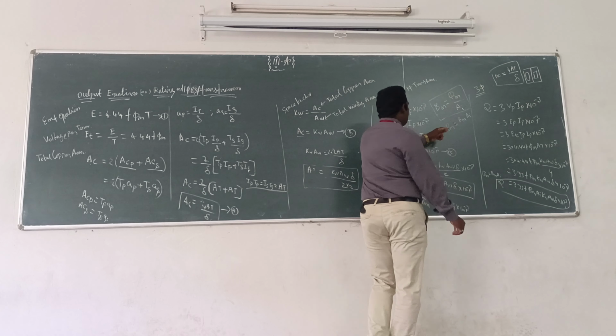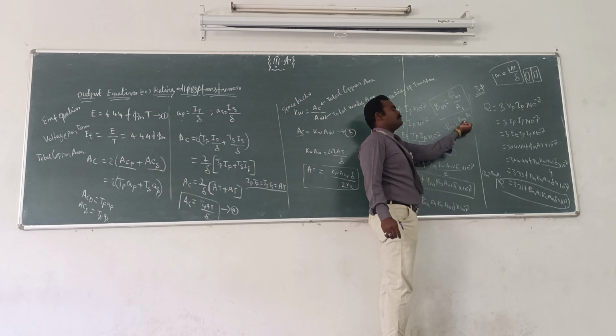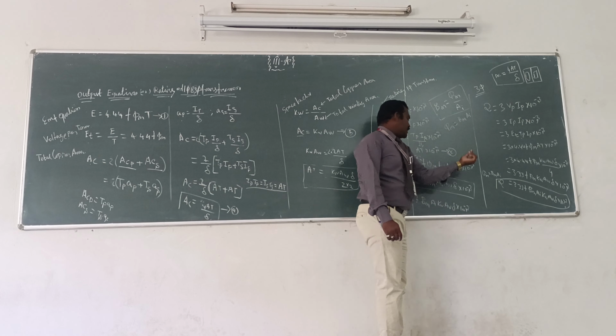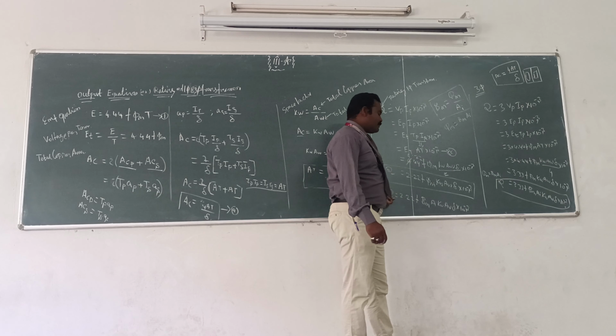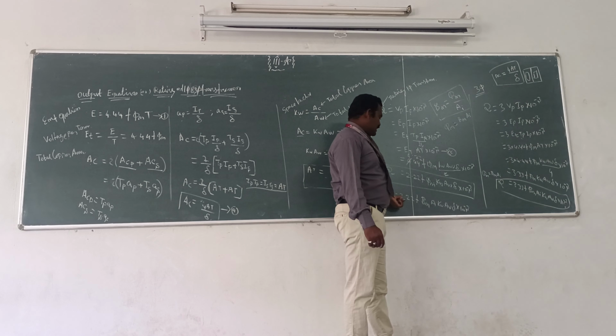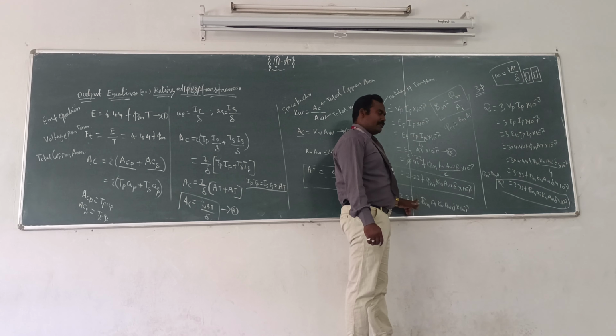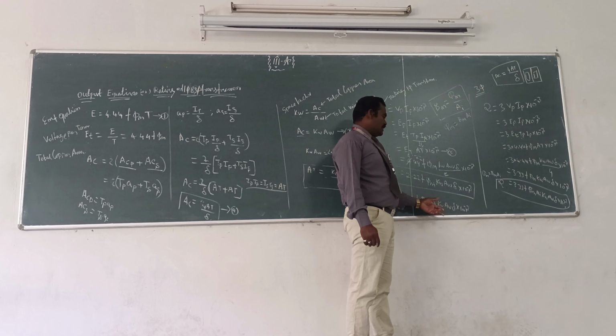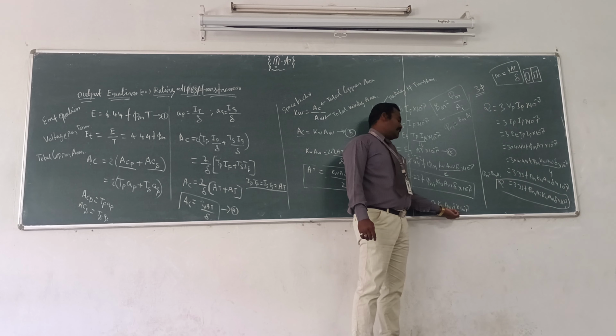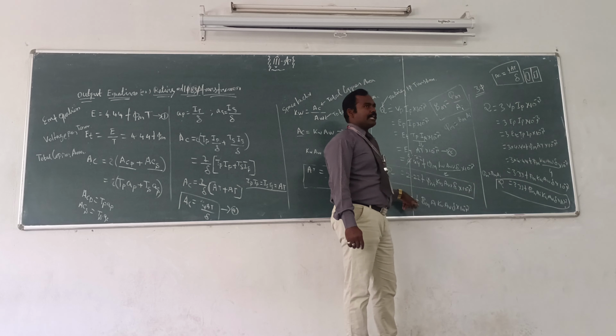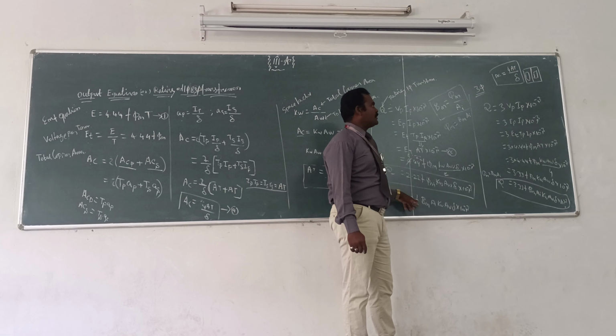So phi m you can replace with Bm into AI, then you obtain the revised expression, 2.22 into F into Bm into AI and kW AW into del into 10 power minus 3, that is the output equation or rating of the single phase transformer.